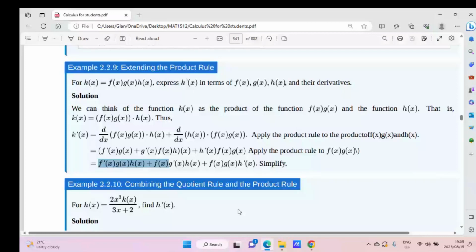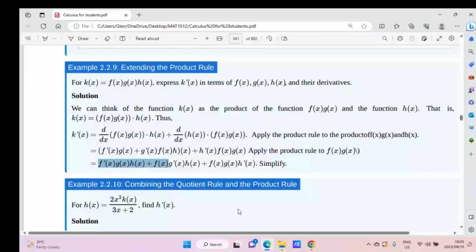Let me repeat what you told me to write. In the numerator, you have 6x k prime of x plus 36x squared k prime of x plus 18x cubed second derivative of k of x plus 12x squared second derivative of k of x minus 6x cubed first derivative of k of x, all over 3x plus 2 squared.